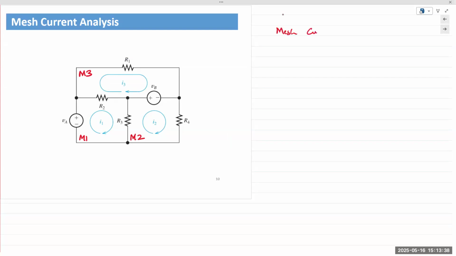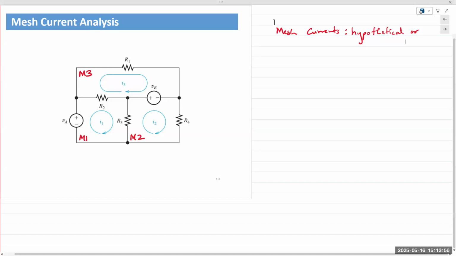And here's the most important point. Mesh currents are not branch currents. Mesh currents are purely hypothetical, or theoretical, if you will. They do not exist in real life.